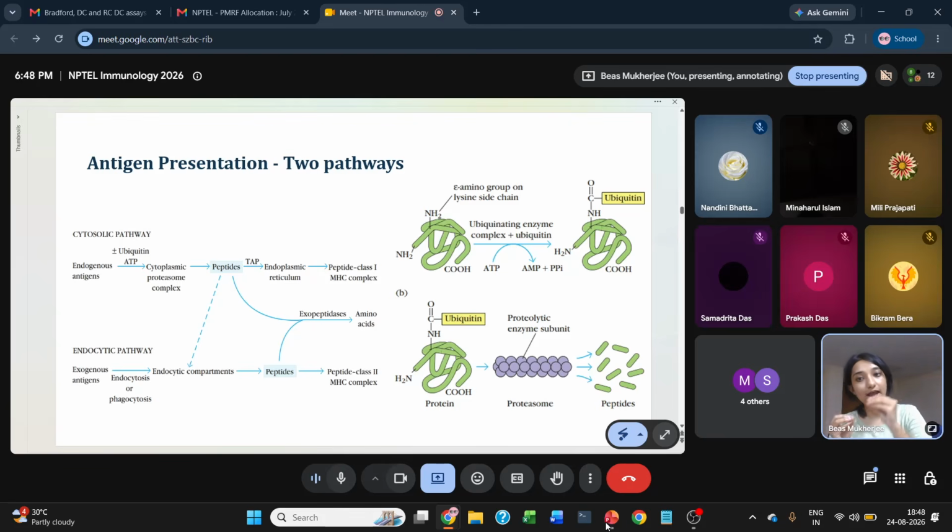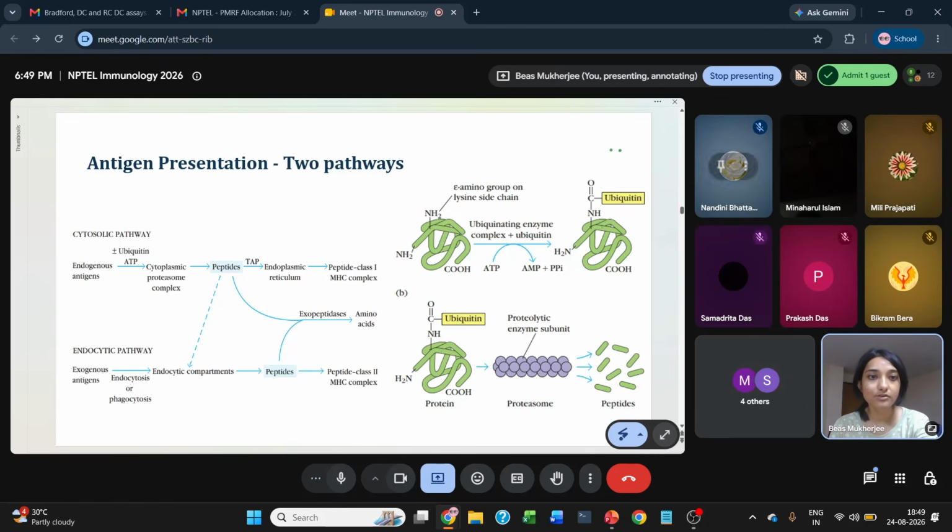Now peptides can be carried by TAP into the endoplasmic reticulum, and inside they will meet MHC class I, which was bound to the chaperones, and now it is binding to this MHC class I and it is getting transported to the plasma membrane for presentation to the T cells, cytotoxic T lymphocytes.